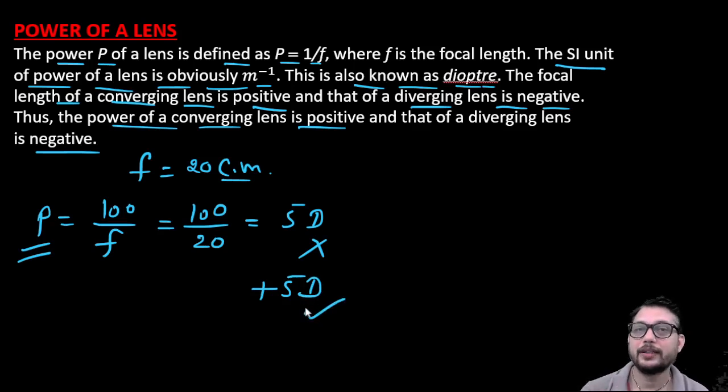If you write just 5D, it may be marked wrong; it depends on the examiner, who may by mercy give you marks, but actually that is incorrect. So the correct procedure is, whether it is positive or negative, you should place the sign while writing the value of power of any lens. This is the standard procedure. I hope it is now clear.